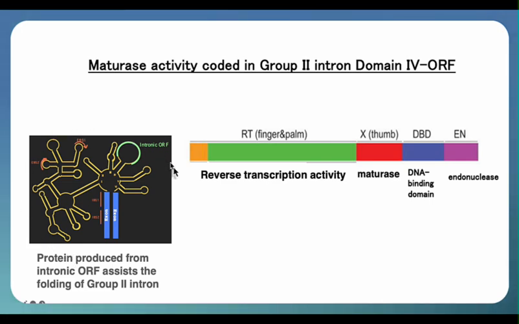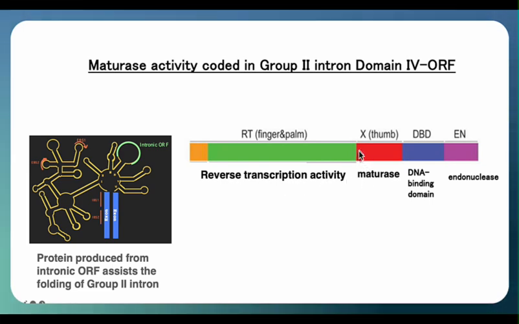The same is true for the three-dimensional structures of Group II introns. The proteins used for this purpose are products of the intronic open reading frame. This figure shows the activities of a protein encoded within the intronic ORF of a Group II intron. This protein has several different activities, each associated with a specific region.